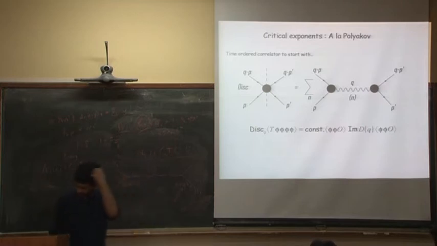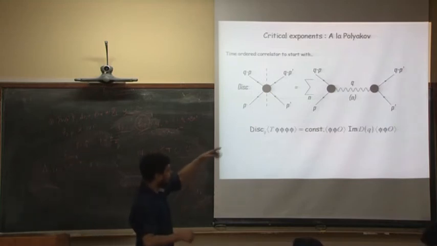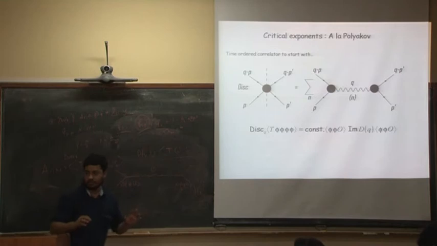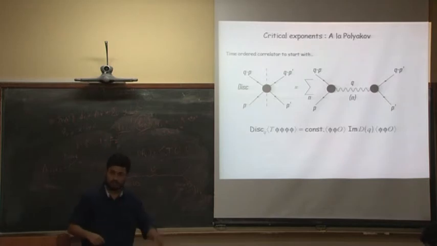Except the 3-point function has no discontinuity. The OPE doesn't have any discontinuity, but the discontinuity is actually showing up in the intermediate states, not in the 3-point function. I think he's taken the imaginary part of the OPE equation. Is that what you're doing? But the imaginary part is actually built into the propagator.